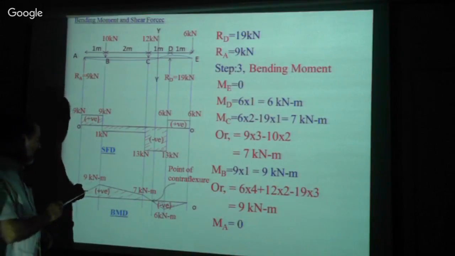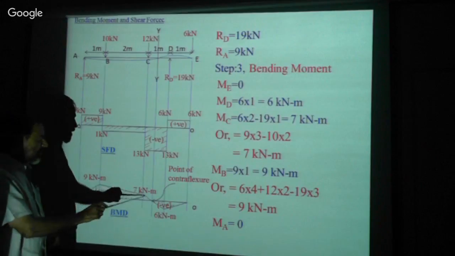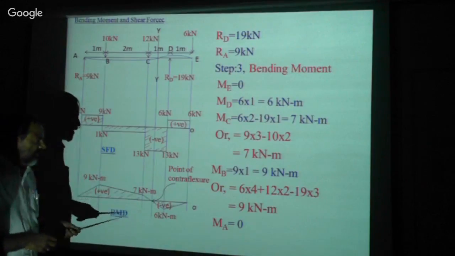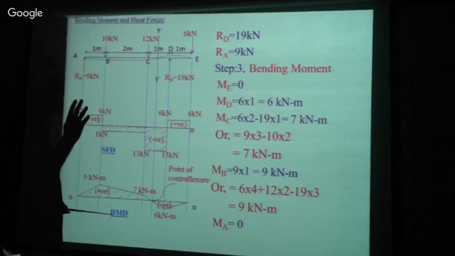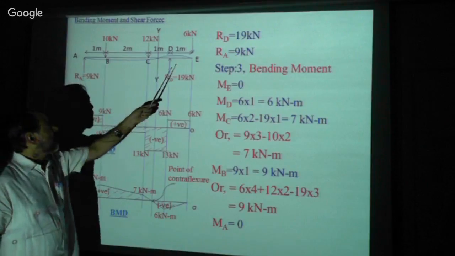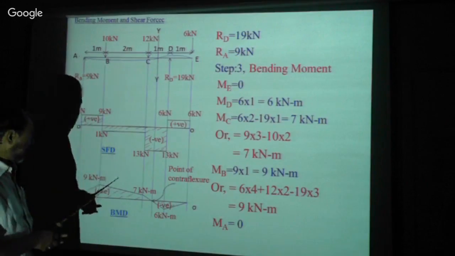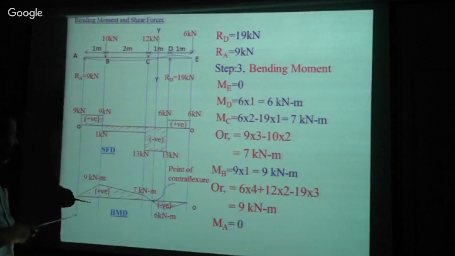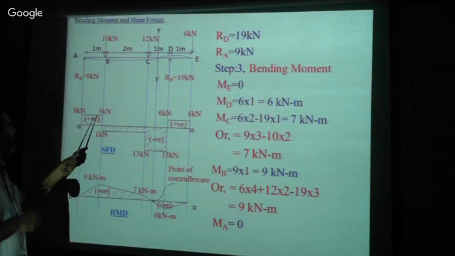And from this, we can measure the bending moment at all the points straight away, isn't it? That completes plotting the bending moment diagram for the given beam. The most important thing you should remember here, see, number one.